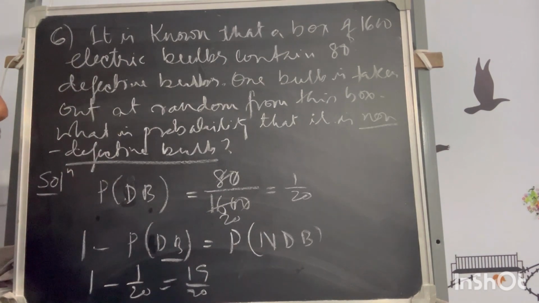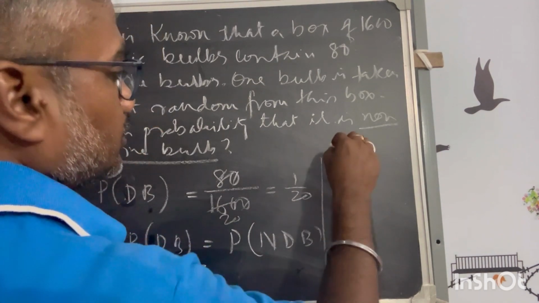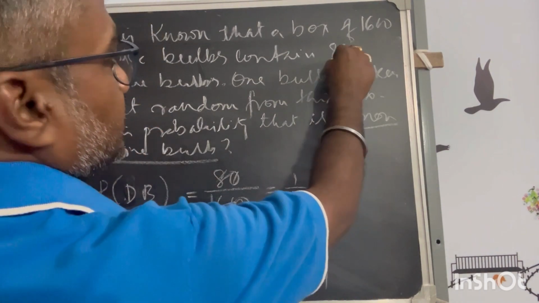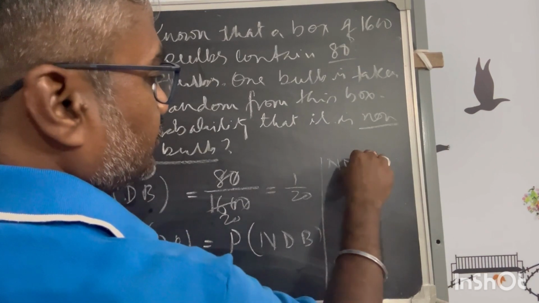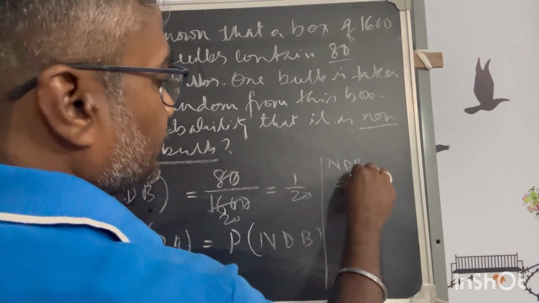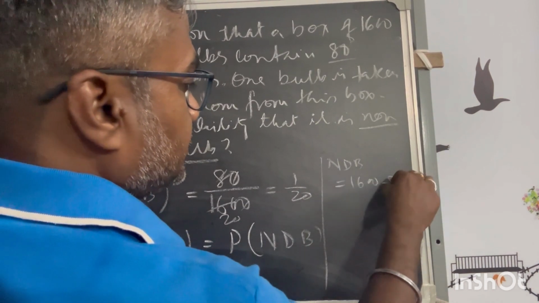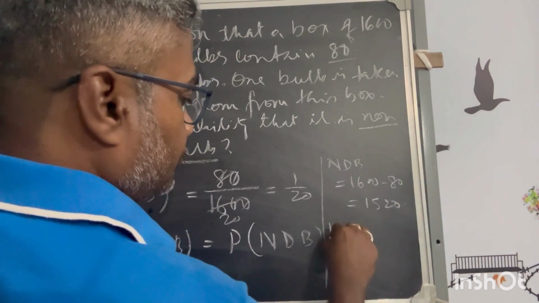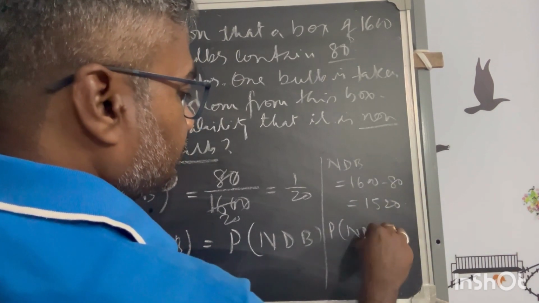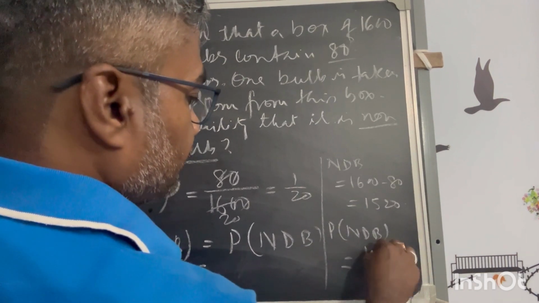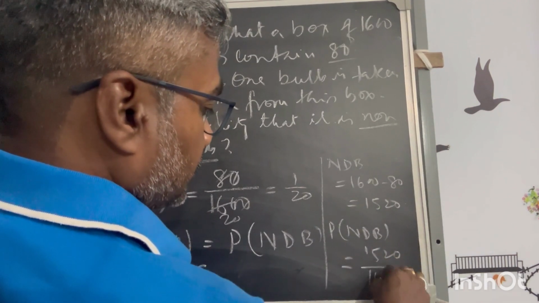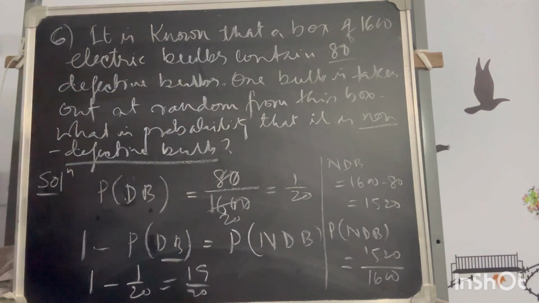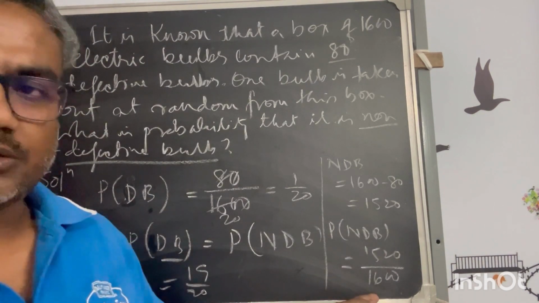So this is one way of doing it. Or else, if 80 are defective, how many are non-defective? 1600 total minus 80 gives 1520. So the probability of a non-defective bulb you can find straight away by doing this, and you would get the same result, 19 by 20.